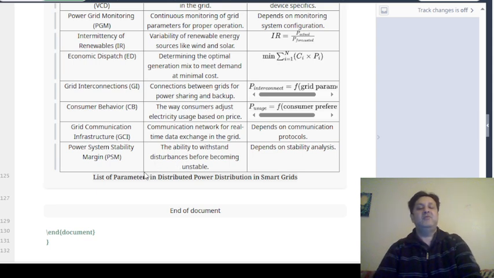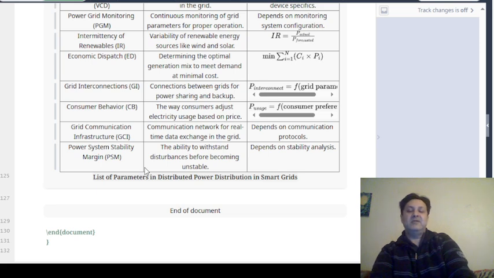withstand disturbance before becoming unstable. It's like if you have a database, or a table or a graph or some information about various kinds of disturbances, so you're ready for the power system stability. So you have a margin: if the error is up to this level, I can do this.